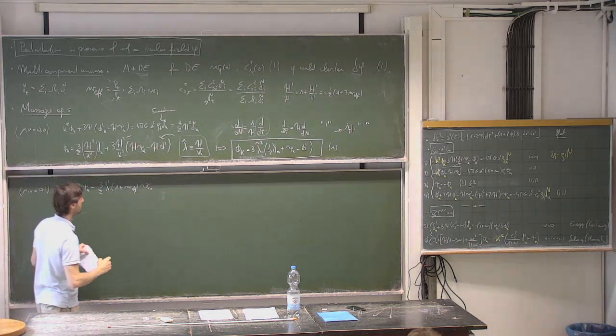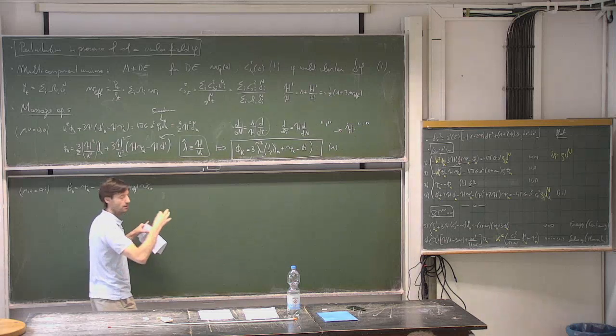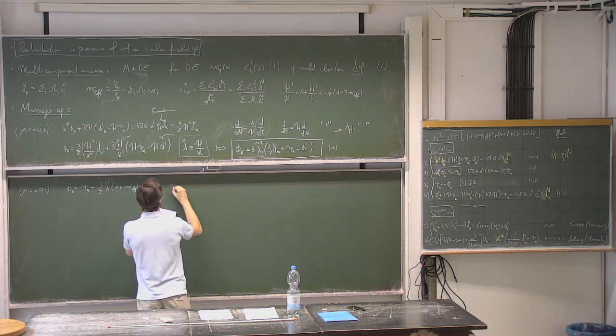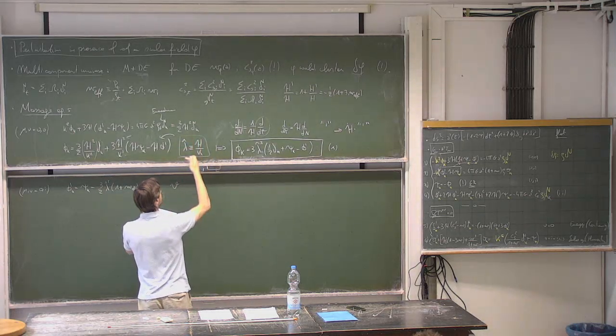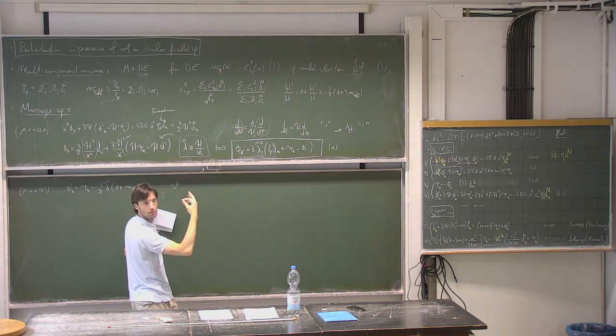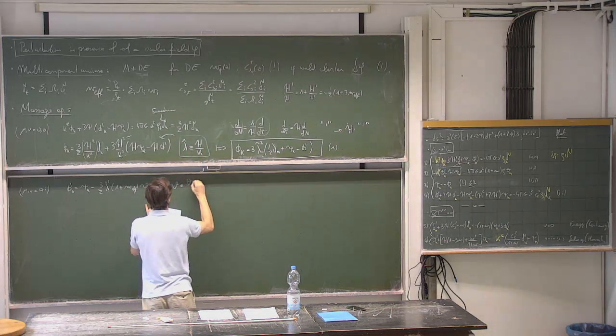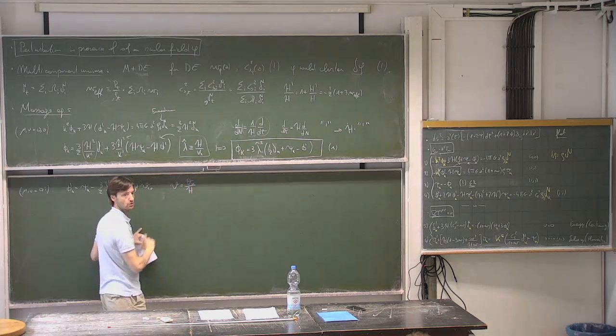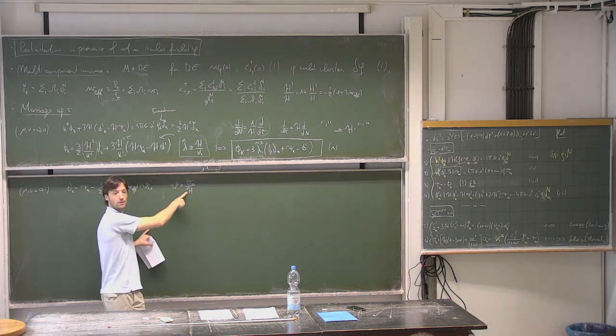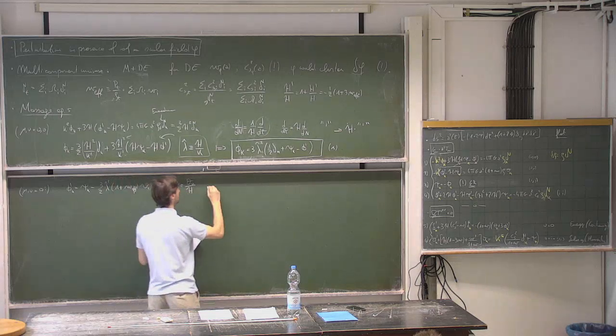Okay. What is curly v? Well, curly v is another quantity that I introduced like this one. Here I just define the divergence of the velocity rescaled with respect to h.